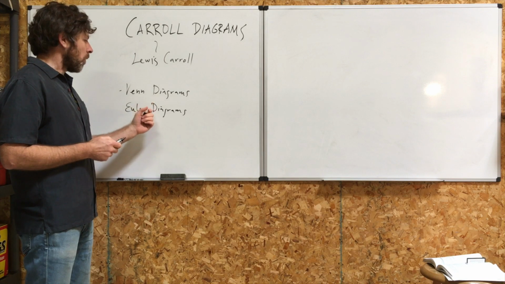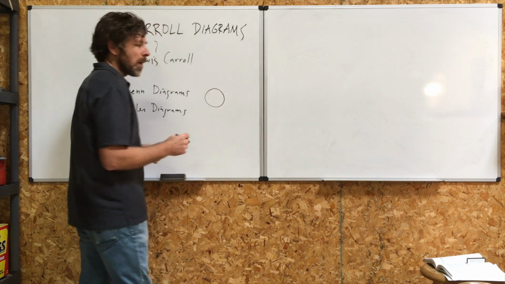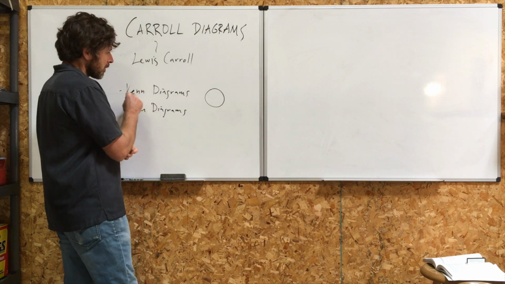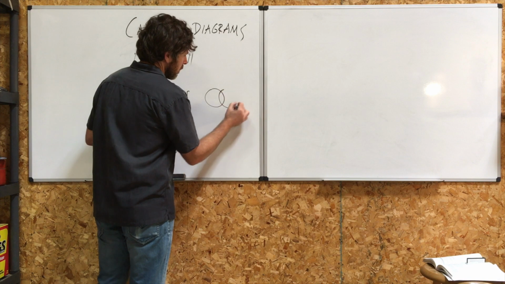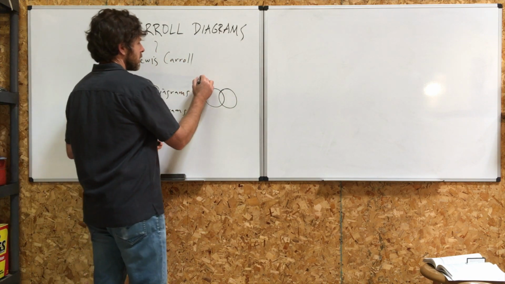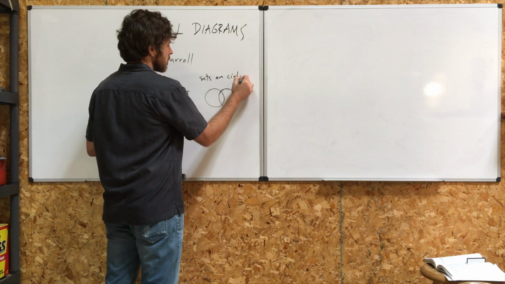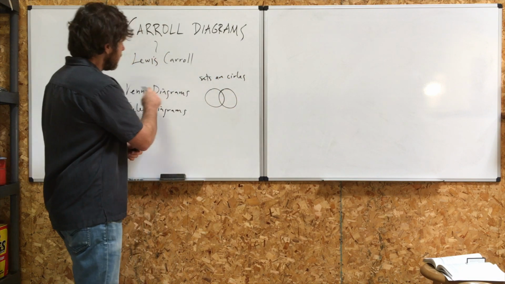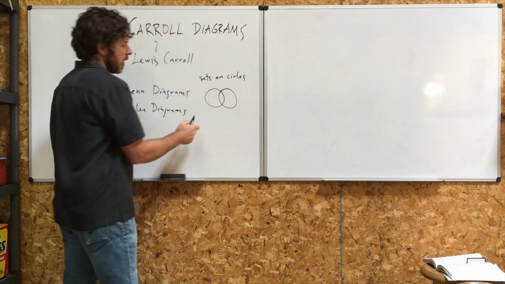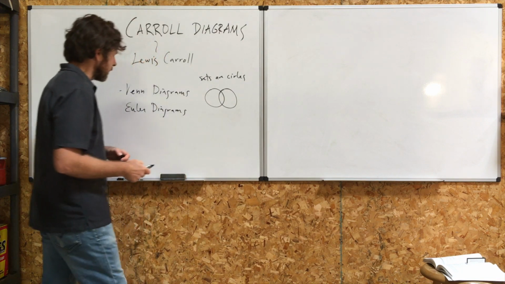Venn diagrams and Euler diagrams use circles to represent sets, to represent categories. So Venn diagrams often begin this way. If you're talking about two sets, sets are represented by circles. And what John Venn did was to overlap the circles and talk about the relationships among sets that way.